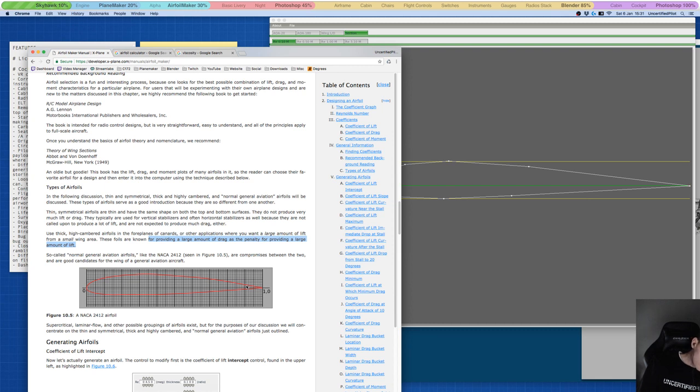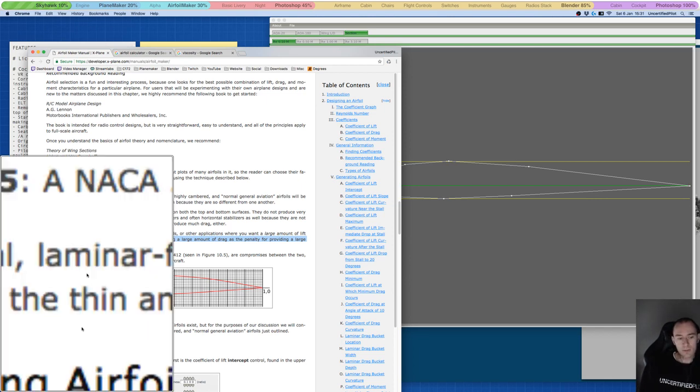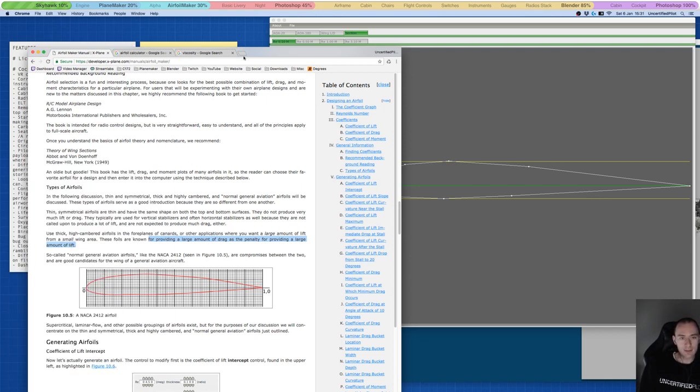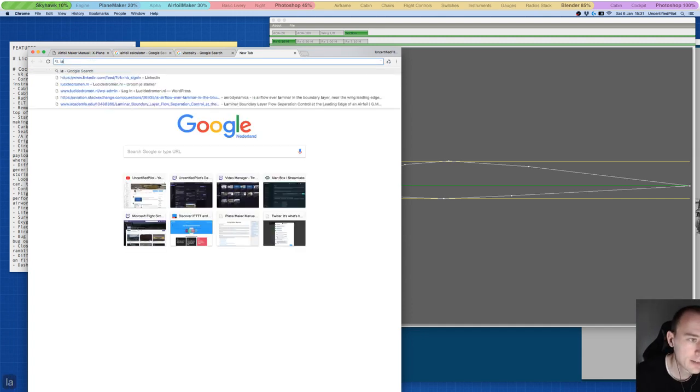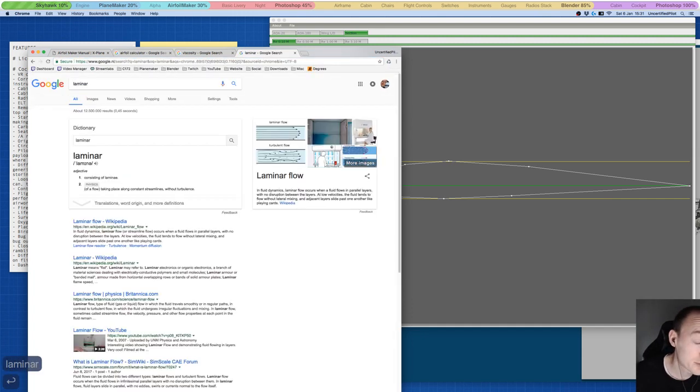Supercritical, laminar flow. This was interesting. What does laminar mean actually? I mean, Laminar Research is the company that's making X-Plane, but I didn't know that, which just surprised me. But laminar stands for consisting of laminae. In fluid dynamics, laminar flow occurs when a fluid flows in parallel layers.